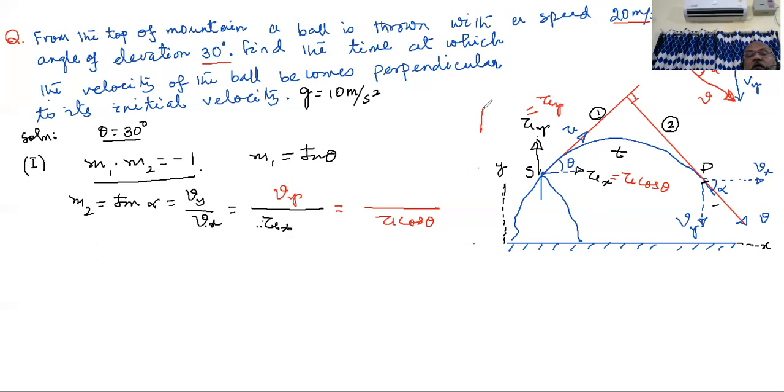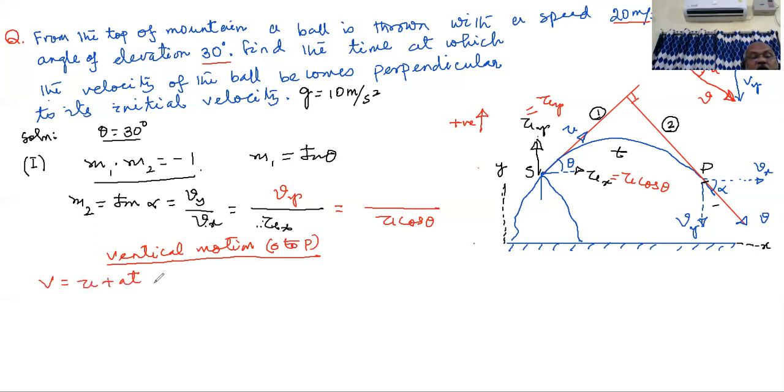So far as in most of the cases of vertical motions. So to find out Vy, we now take a heading that is vertical motion. That is vertical motion from the starting point to point P, from S to P. So if you take the vertical motion, under that we put an equation that is v equal to u plus at.